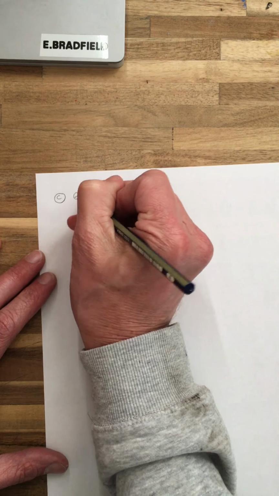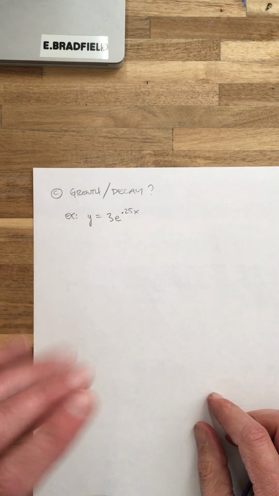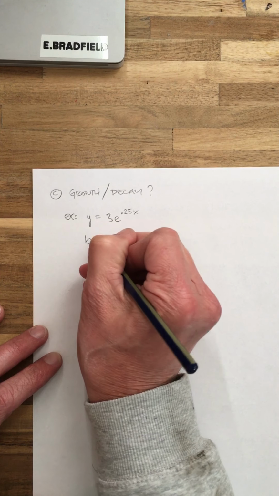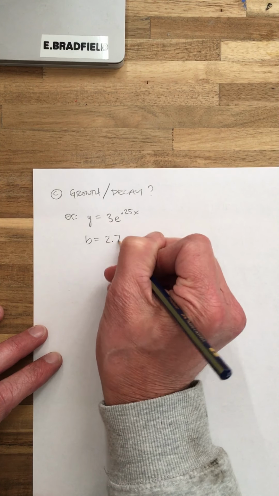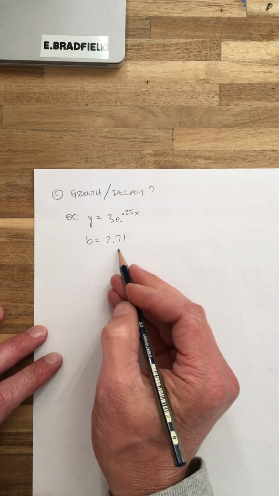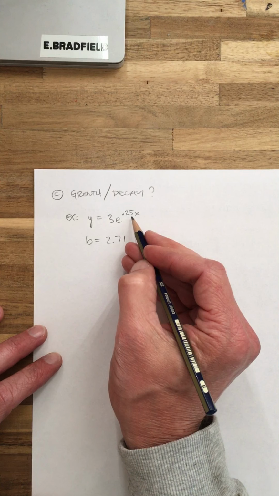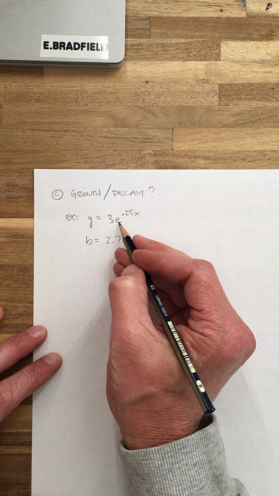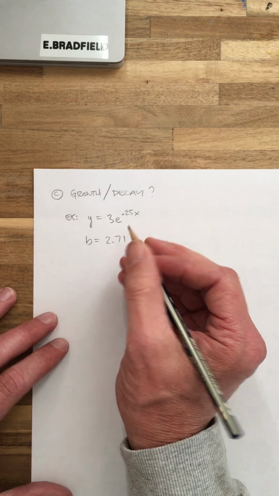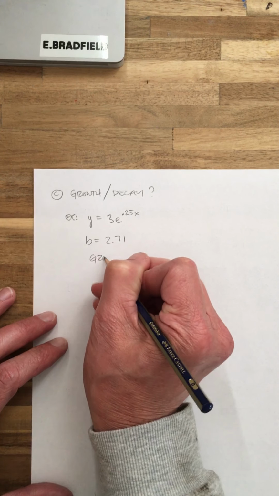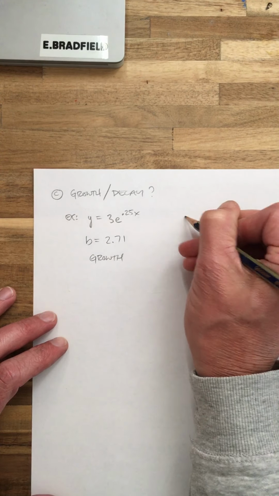Growth or decay? Well, first of all, what is b? b is 2 point something, so 2.71. That tells us it's growth. No matter what this exponent is, if you raise it to that power, you've got growth. But check this out.